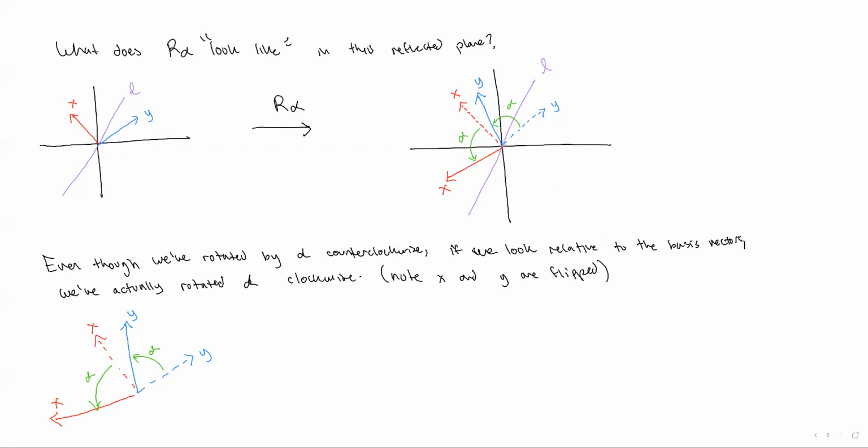So if you actually put X and Y in the right locations, and see what's happening here. We're rotating by alpha, but look, X is going opposite to Y. So it's really a rotation clockwise. If you look at where they're moving relative to their original positions, this is what's actually happening to them if they're placed in the right places.